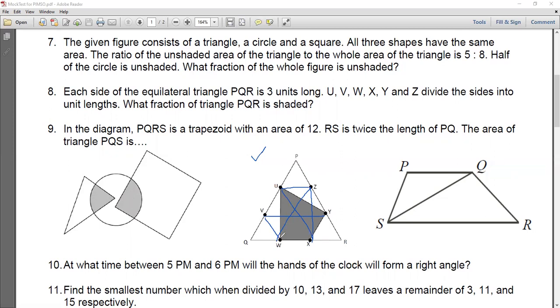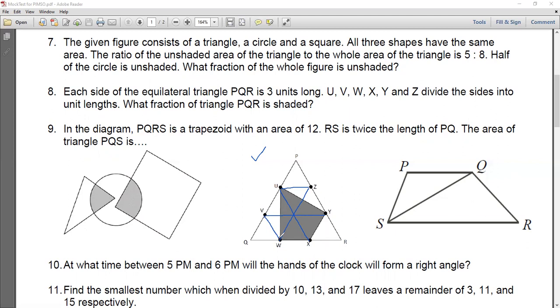Wait lang, I'll fix my drawing. Let me fix this one muna para it will really look like 9 equilateral triangles. Okay, so there are 9 equilateral triangles.